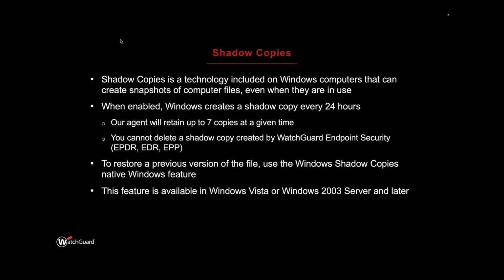We are adding the ability to enable shadow copies that are managed by our agent. When the shadow copies are managed by our agent, we will retain up to 7 copies of the file at any given time, with a percentage of disk utilization that you can configure, and you cannot delete a shadow copy created by WatchGuard Endpoint Security.